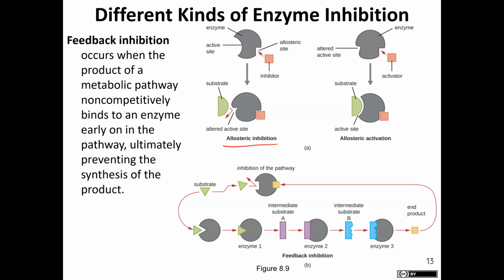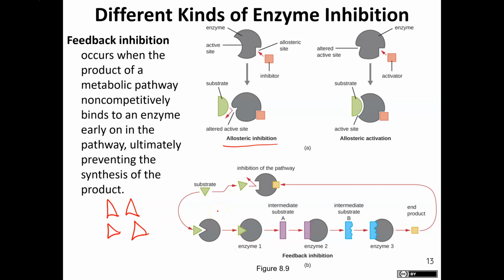So an example would be if you have a lot of some amino acid. So you have amino acid, amino acid, amino acid, amino acid, right? And we don't need any more of that amino acid broken down, or we don't need any more of that amino acid built up. We can inhibit this pathway, which is going to not build or break down, whatever.